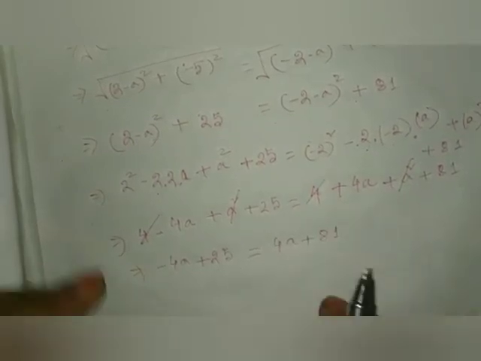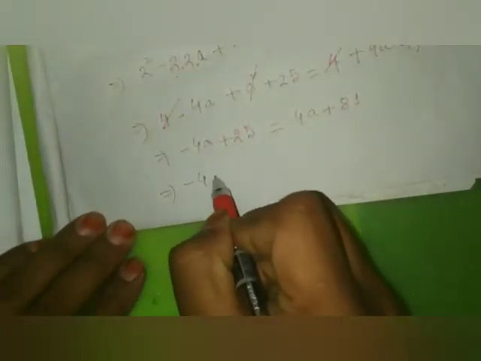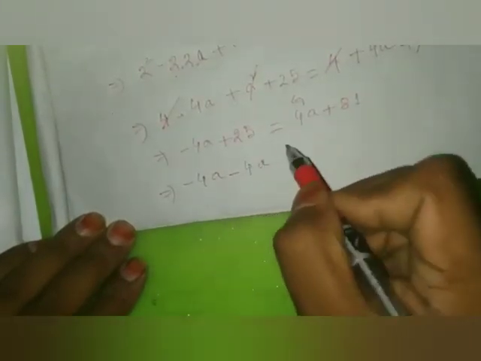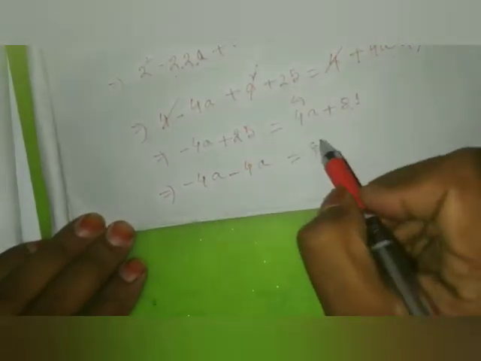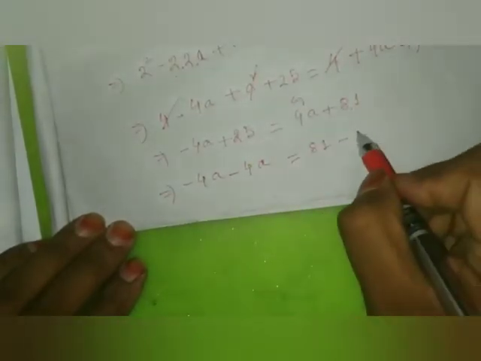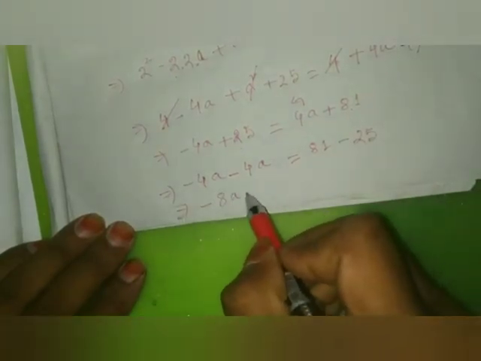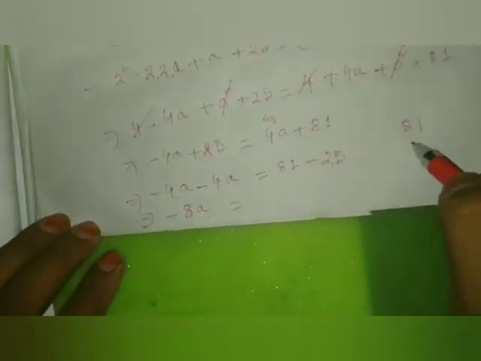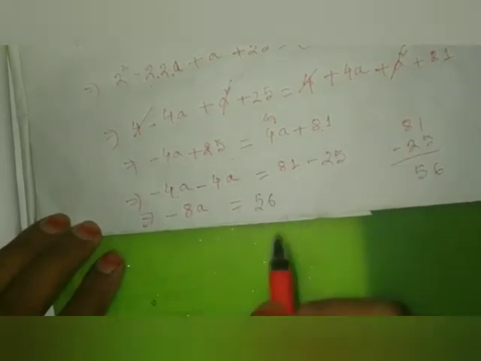So let us keep -4a here and move this 4a to the left hand side. This will be -4a, and here 81 is left, and plus 25 will be moved to the right hand side, so that will be minus 25. So -4a - 4a is -8a, equals 81 minus 25, which is 56.